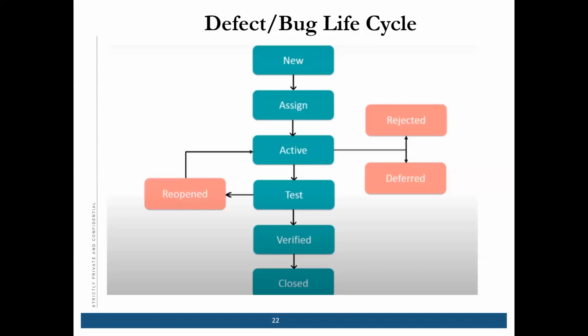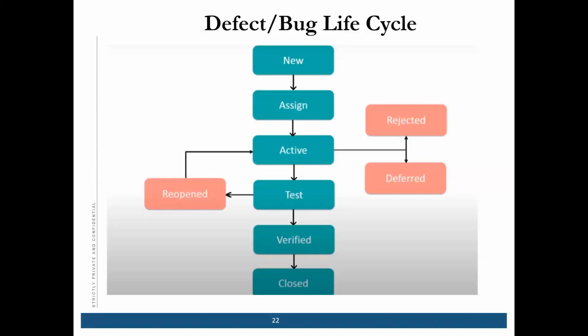If the tester has confidence that it's a valid bug, and the developer has rejected it, they can raise a concern, and they can email or escalate it with their lead.